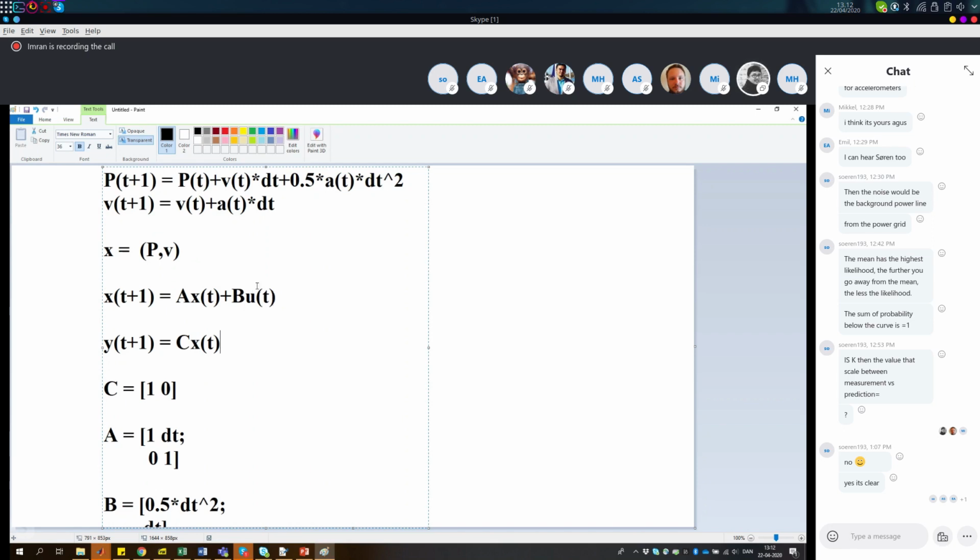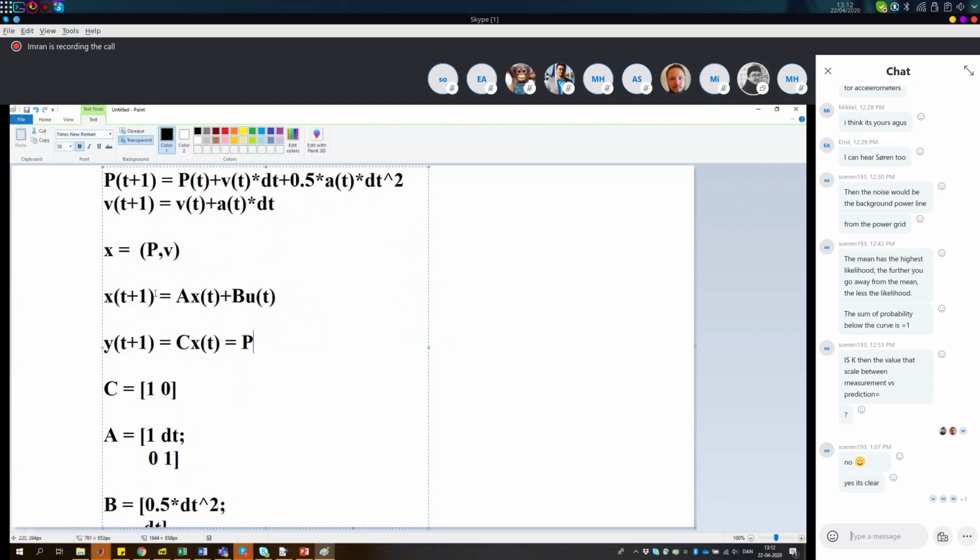So you know the acceleration, and you also know the position from your GPS. So your GPS signal will go into the measurement matrix, while your acceleration data will go into your state space. Okay.